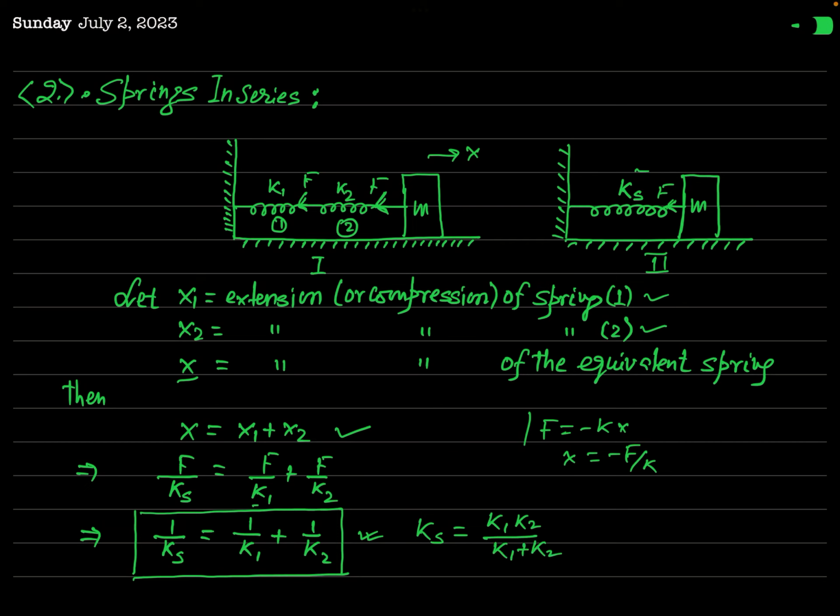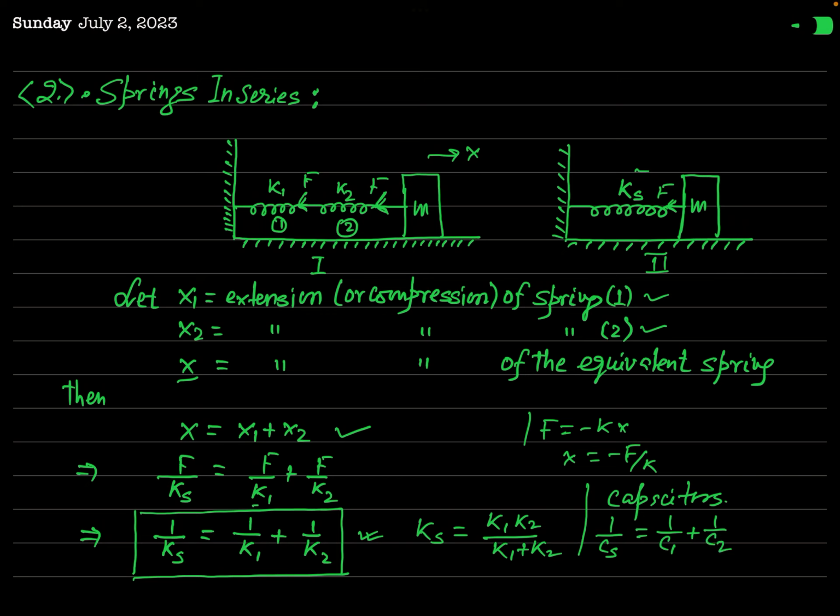You can see this result is the same as that for capacitors in series. Definitely you have studied that when two capacitors of capacitance, say C1 and C2, are connected in series, the equivalent capacitance Cs is given by 1 over C1 plus 1 over C2.